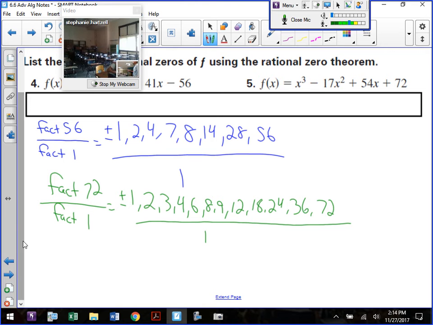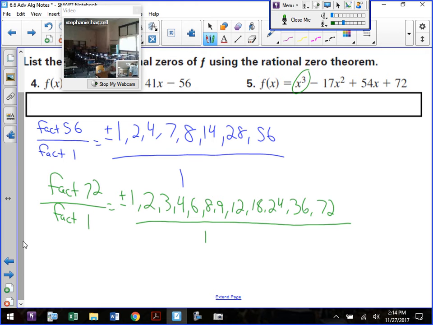It's really quick to get a ton of these, especially when you start looking at 72 or 144 and so on. It gets out there real fast, all right? That tells you have 2, 4, 6, 8, 10, 12, 14, 16, 18, 20, 22, 24 possible zeros of this third degree polynomial.